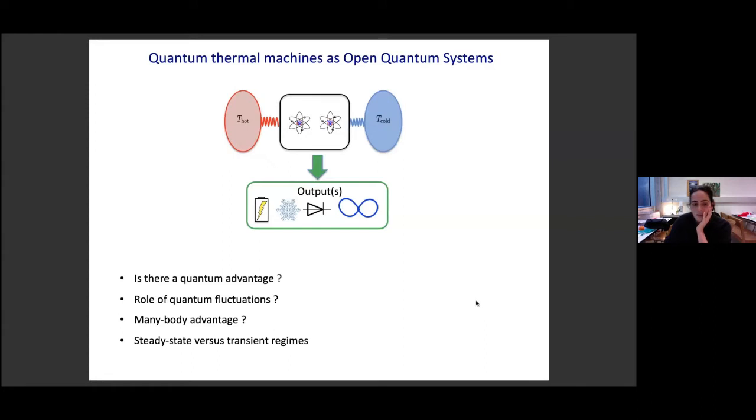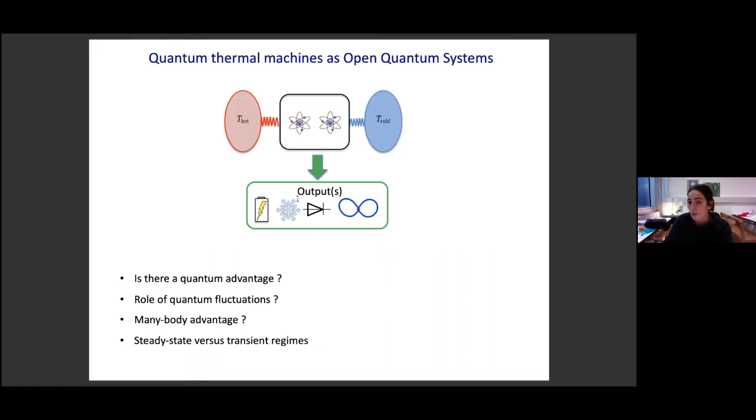So the main question now is: is there a quantum advantage in using a quantum mechanical system to perform some given task? What is the role of quantum fluctuations? Are there some many-body advantages?